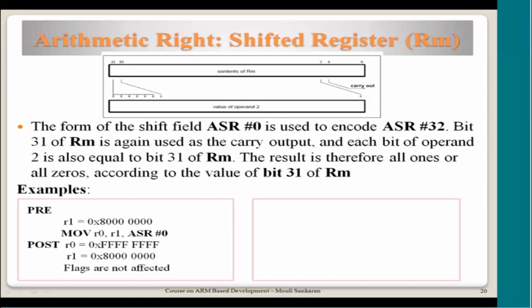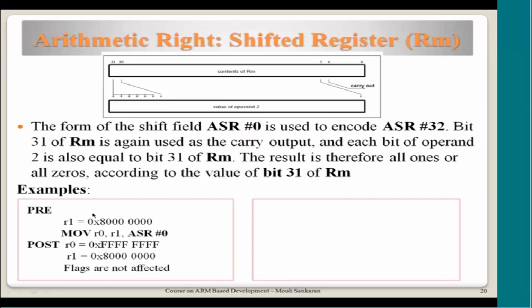Okay, so ASR, what does it do? If you have mentioned ASR as 0, it will do a 32-bit arithmetic shift, because it is different from a 32-bit logical shift. Let us take an example. Suppose R1 happens to be 8 followed by all zeros. 8 means what? 1 0 0 0.